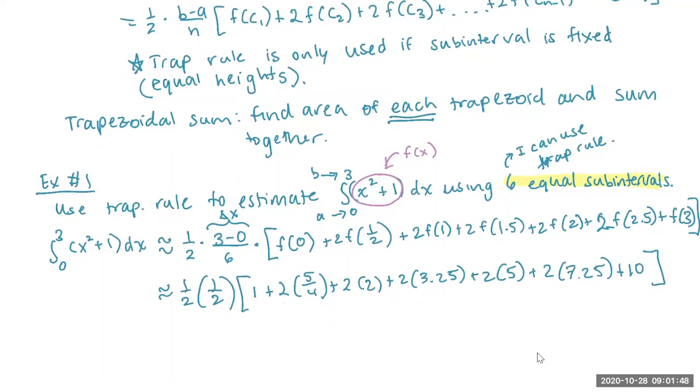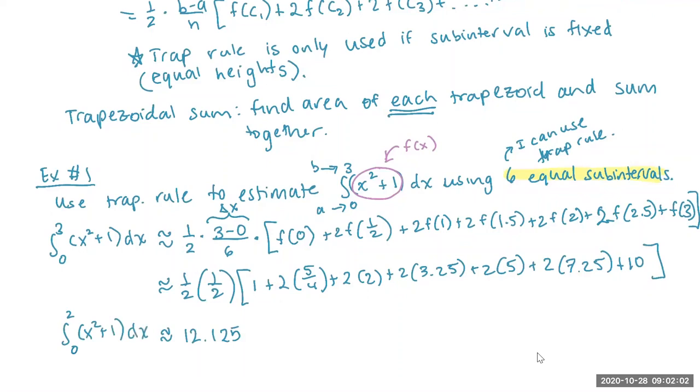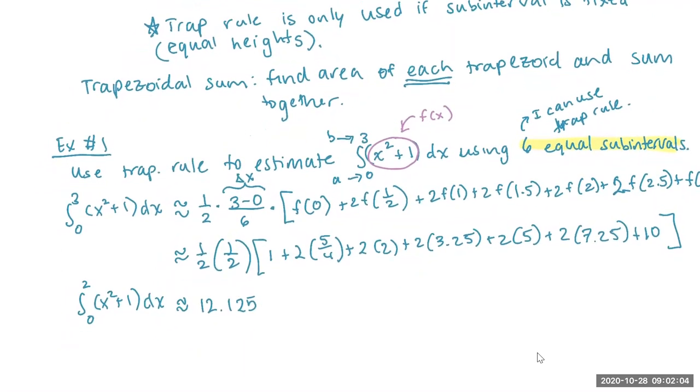For this purpose, if you were to simplify it, or you had a calculator, it's 12.125. So we're saying that the approximate area, just using 6 trapezoids, of the integral from 0 to 3 of x squared plus 1 is 12.125. Okay, so that takes care of the trap rule.